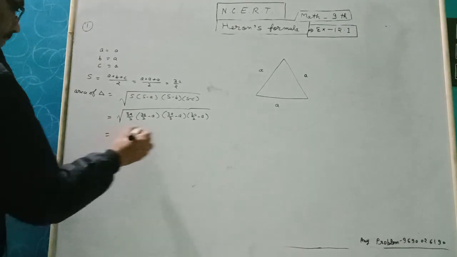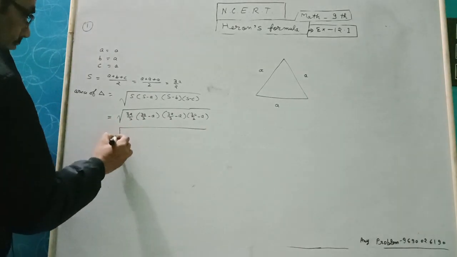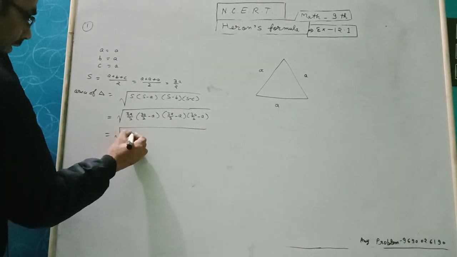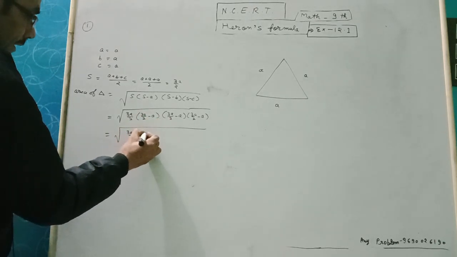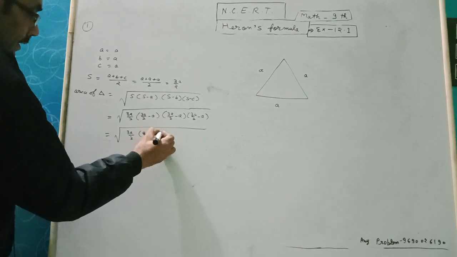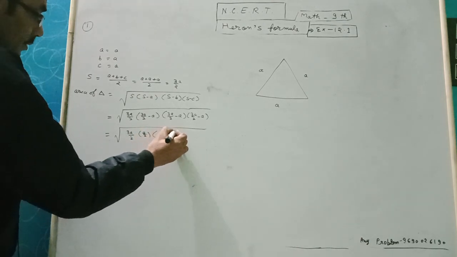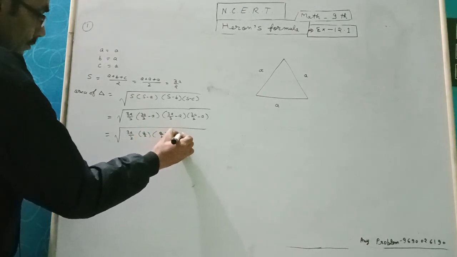After that, under root 3A upon 2, after minus, A upon 2, A upon 2, and A upon 2.